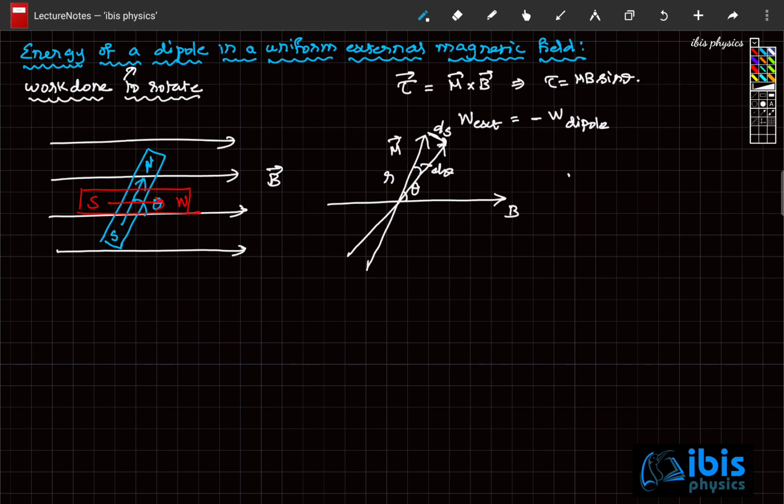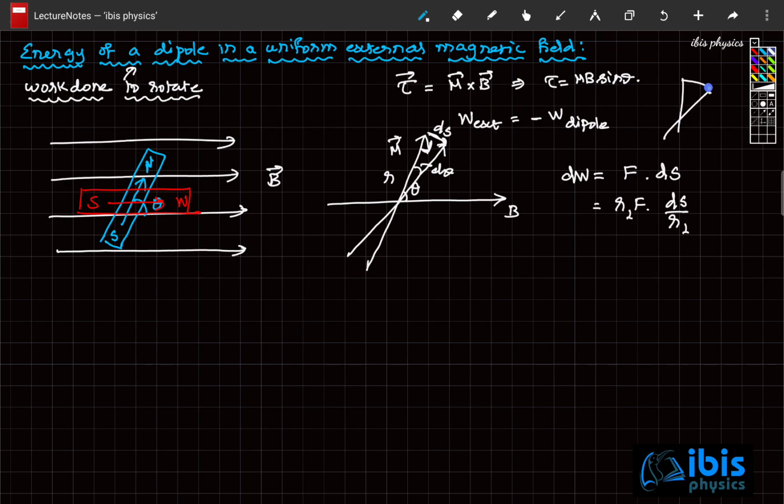So what is the work done? The amount of work done is force dot displacement. Here I am multiplying and dividing by r perpendicular, the perpendicular distance.